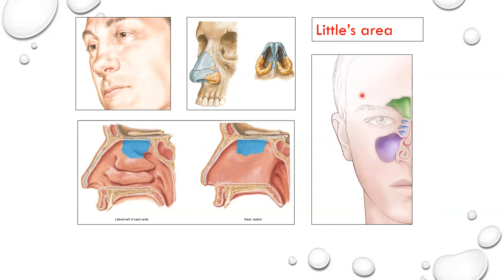What you have to know is where each of these sinuses drains into, whether it drains into the superior nasal meatus, middle nasal meatus, or anywhere else. Okay, I think that's all.